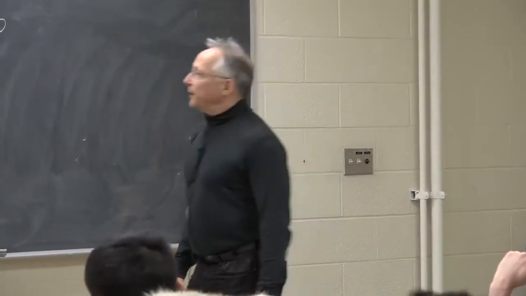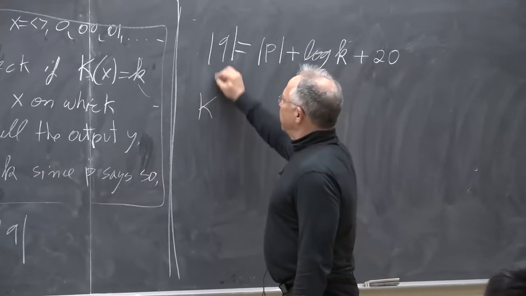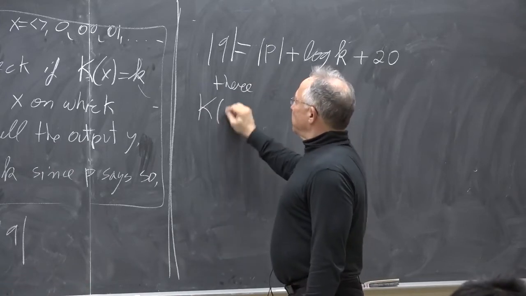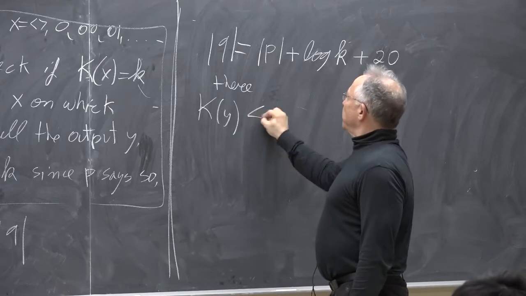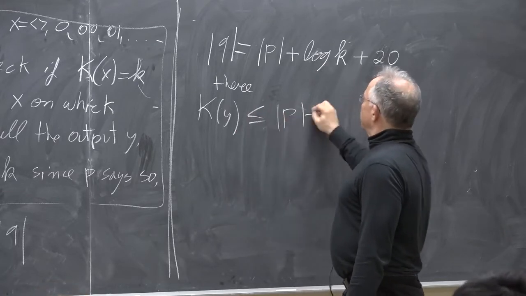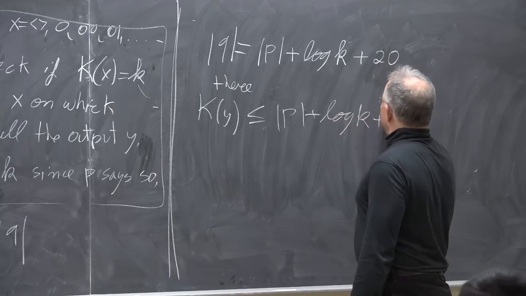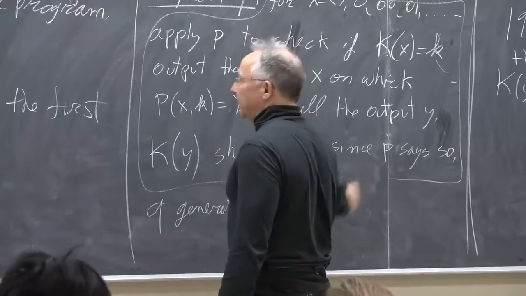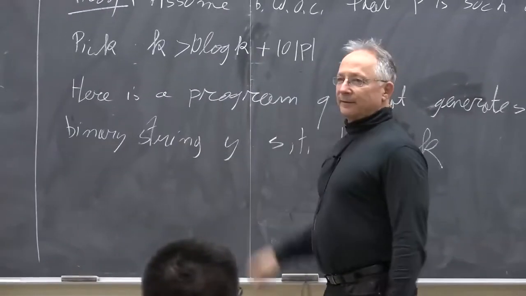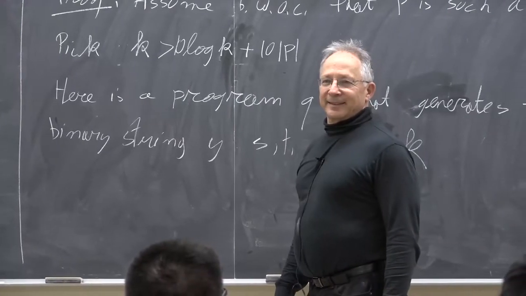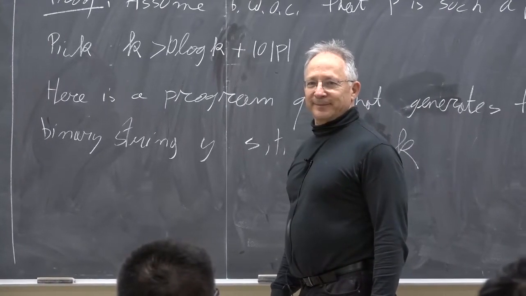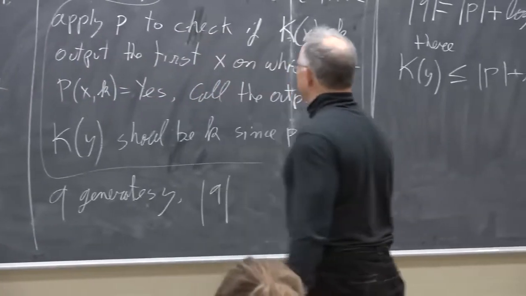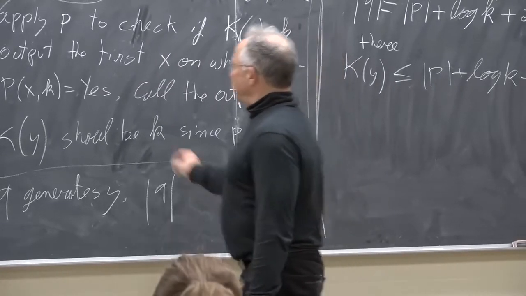So we get that Q outputs y. Therefore, the Kolmogorov complexity of y is at most P plus log k plus 20. But on the other hand, the Kolmogorov complexity of y is k, and k is bigger than all of that. So we got a contradiction. On one hand, K of y should be k.